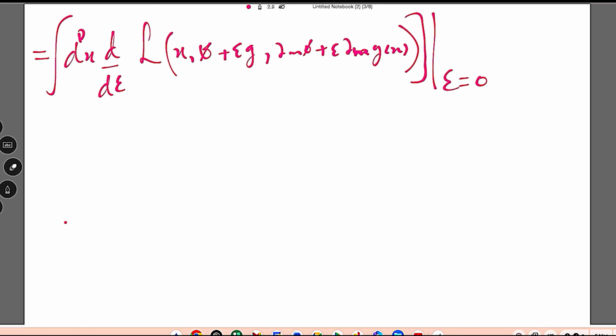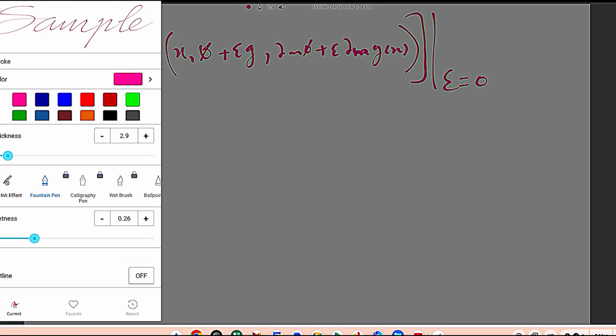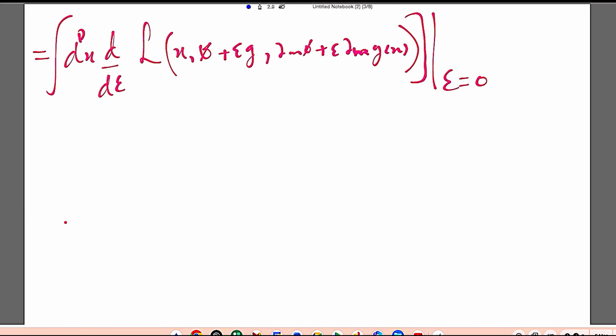Now we'll use the chain rule, because we can see there is an indirect dependence upon e. So we have three different arguments: one is this, second is this, and third is this. Only these two depend upon e, so only these two arguments will be affected by this derivative. This will stay the same, it will not be affected.